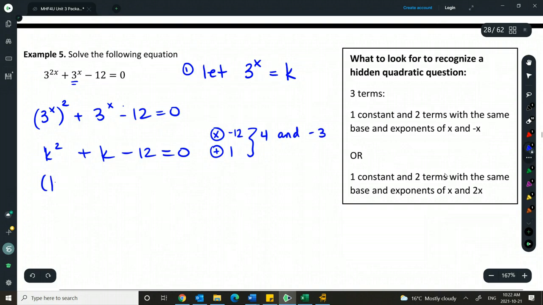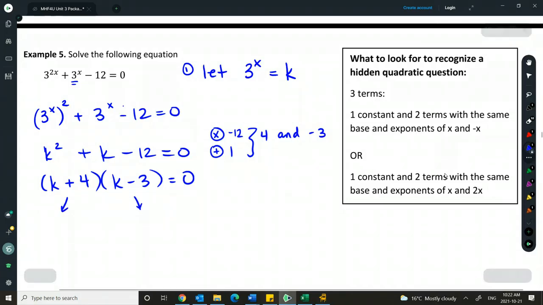And I would just plug them right into the brackets, right? No need to do factoring by grouping or anything like that. Right into the brackets. So what are my k's equal to here? So in other words, what are the solutions? Jessica? Or like -4 and 3. Okay, so k equals -4 and k equals +3.